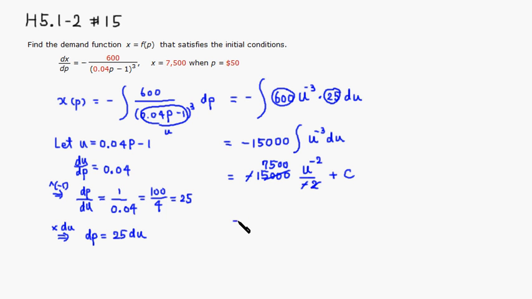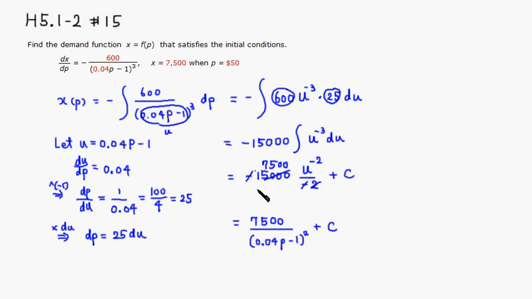Then you get 7,500 times u to the negative 2. Remember, u is 0.04p minus 1, and since it's a negative power, I'm going to put it on the bottom. So it's 7,500 over (0.04p minus 1) squared, plus some constant c.